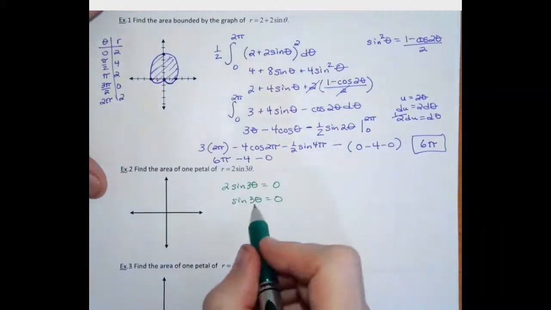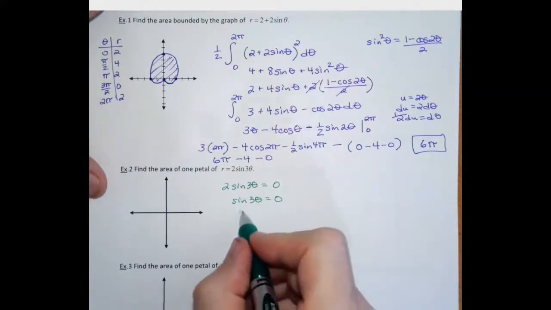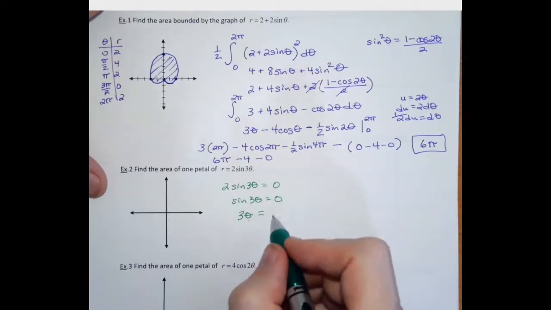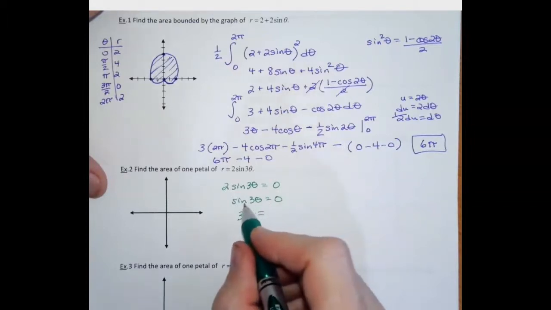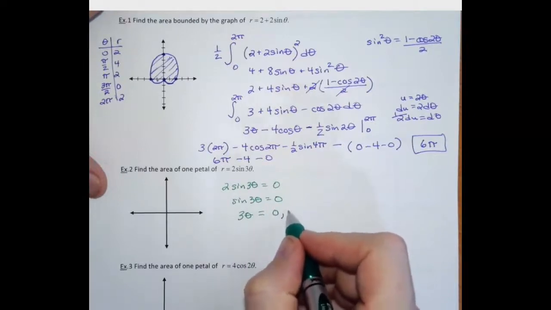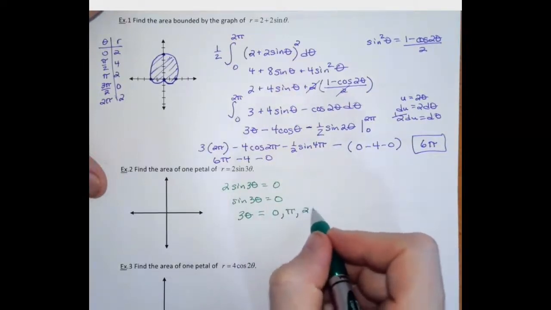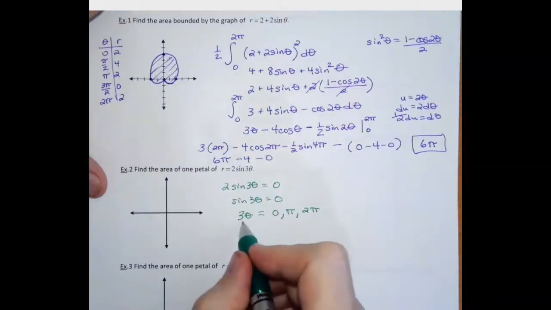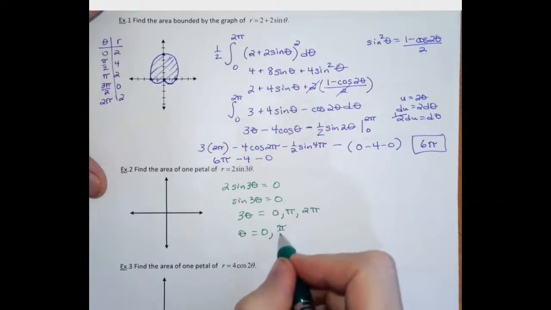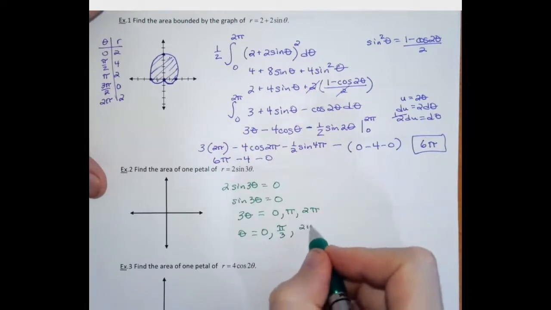If we take the inverse sine of both sides, we'll get 3 theta, and what they're asking is the sine of what angles gives us 0. Well, 0 and pi and 2 pi. Okay, so if we divide both sides by 3, we're looking at 0, pi over 3 and 2 pi over 3.